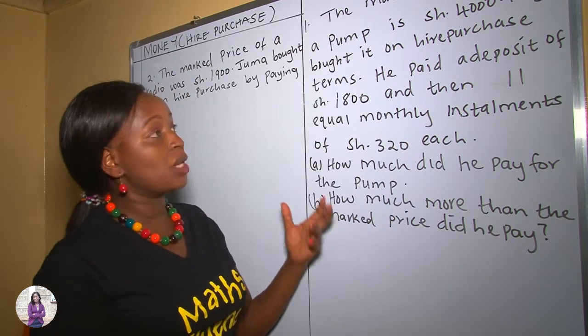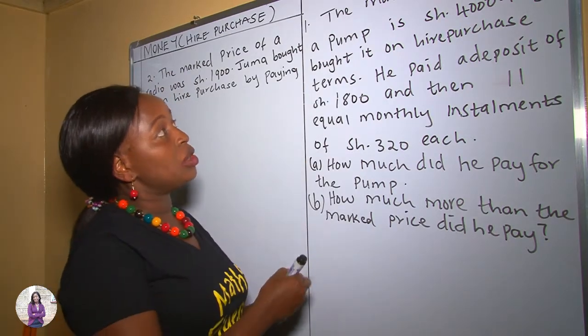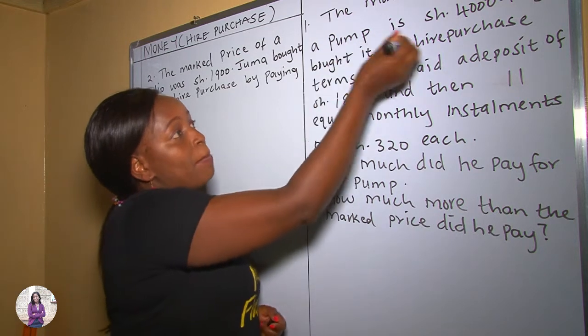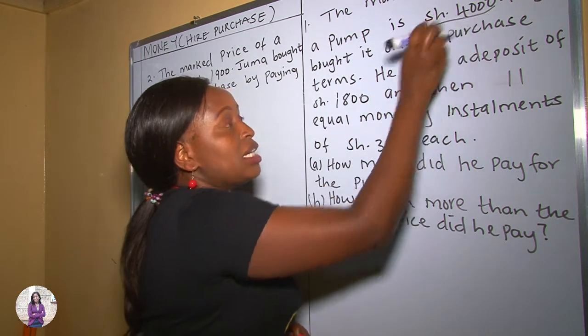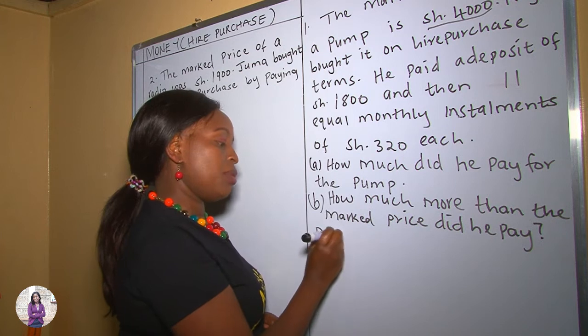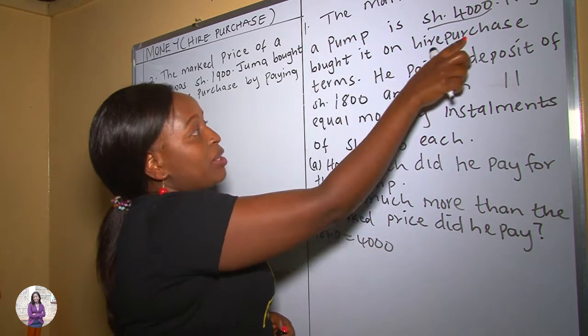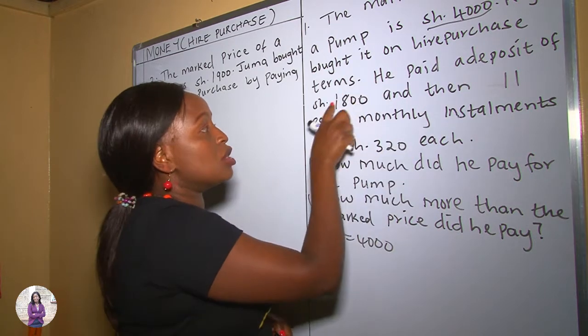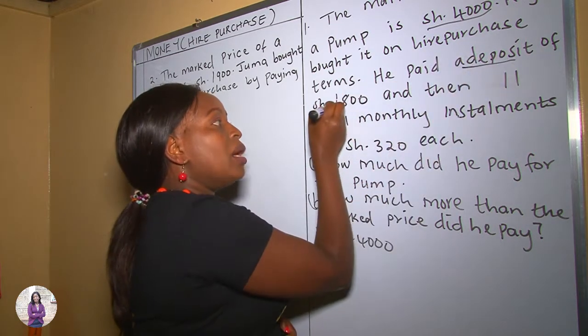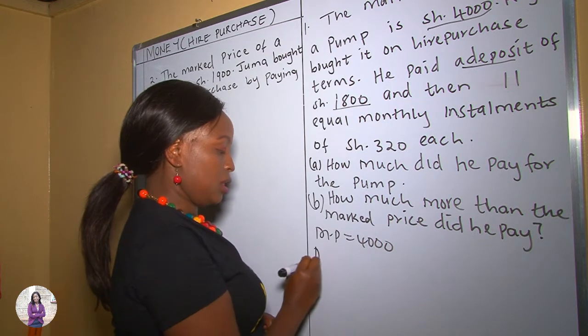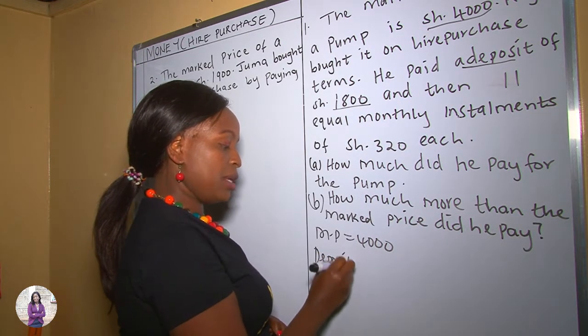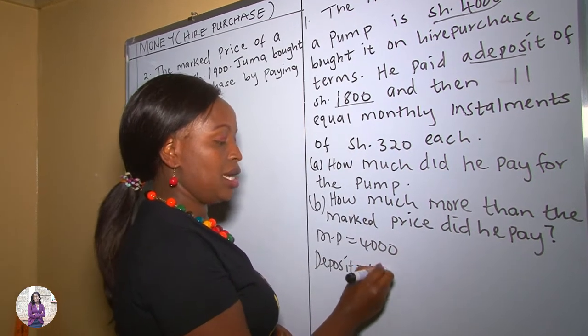So let's analyze the question step by step. We are told that the marked price for a pump is 4,000. So our marked price is 4,000. Kagiri bought it on hire purchase terms. He paid a deposit of 1,800. So our deposit is 1,800.